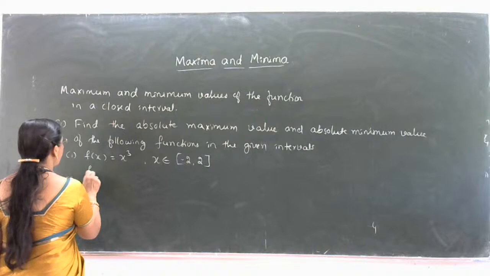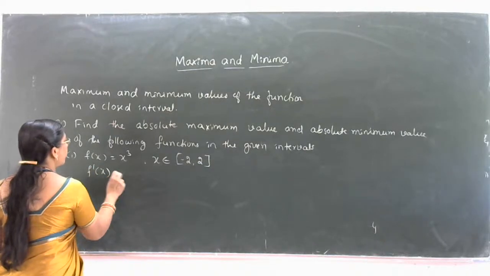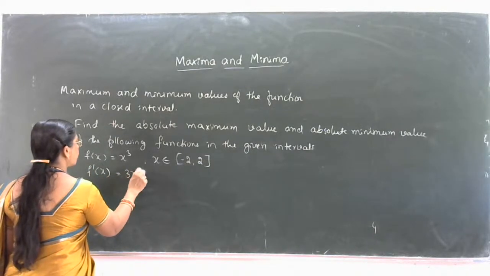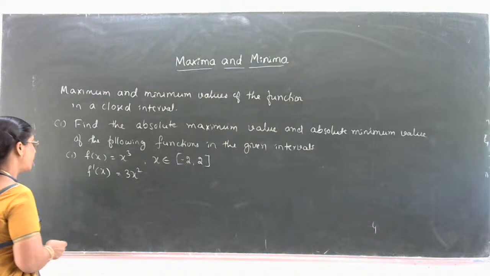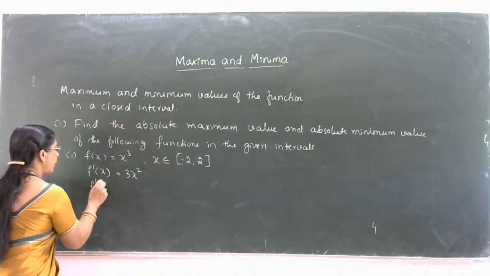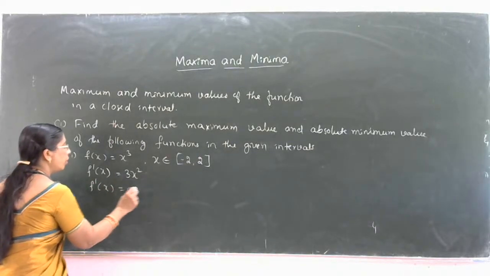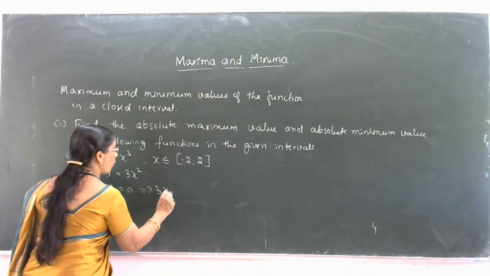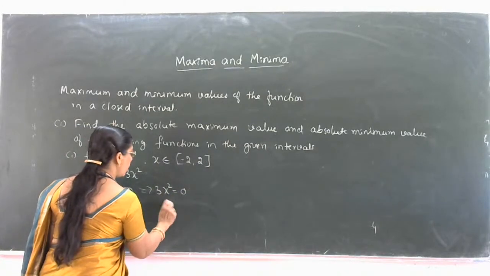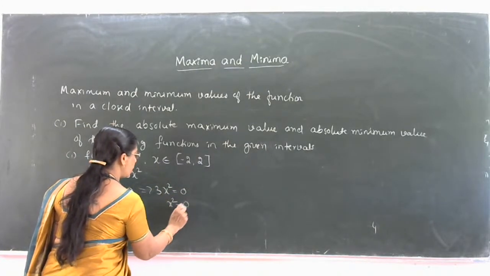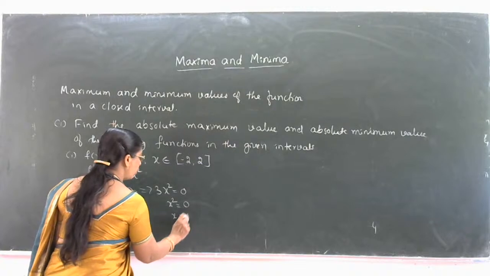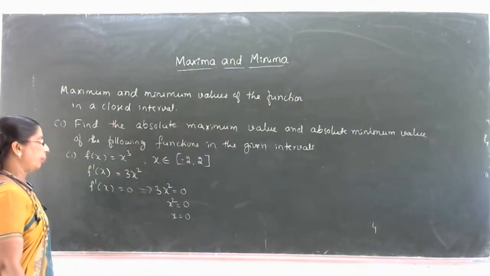Here, first we find the derivative of the function, which is 3x square. Then f dash x equal to 0 implies 3x square is equal to 0, x square is equal to 0, x is equal to 0 only.